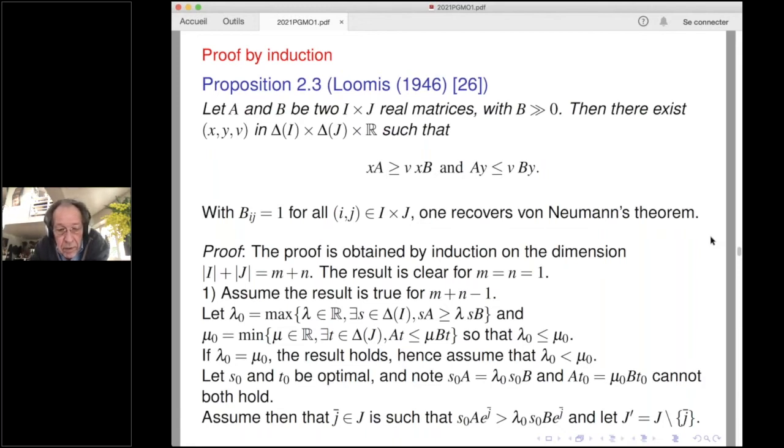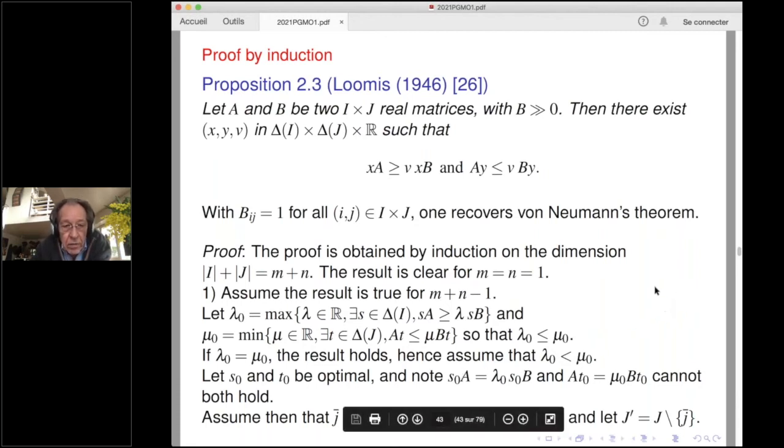Remember that B is strictly positive, so S0B, BT0 will be a strictly positive number. And so you can assume that there is a point J bar in J, such that against J bar, you have a strict inequality.